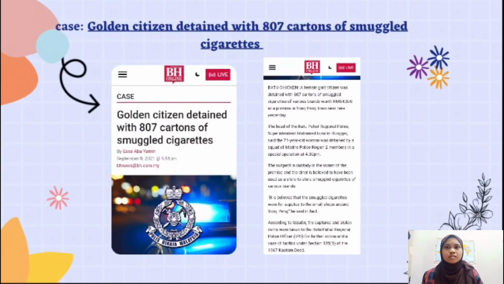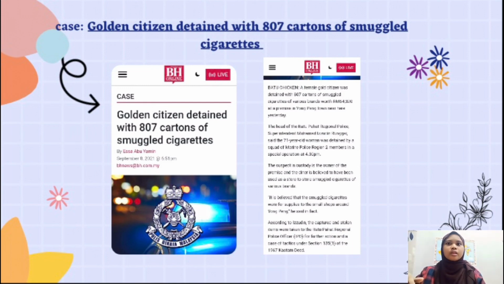The third case is about a female citizen detained with 807 cartons of smuggled cigarettes. A female citizen was detained with 807 cartons of smuggled cigarettes of various brands. This citizen was detained by a squad of Marine Police Region 2 members in a special operation.